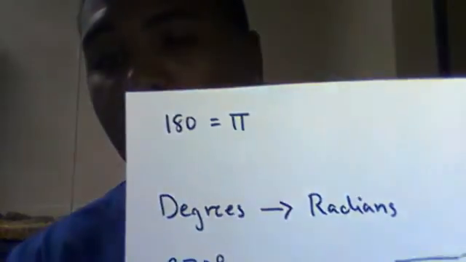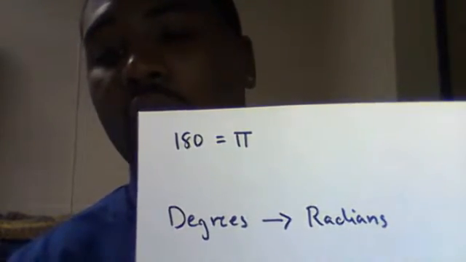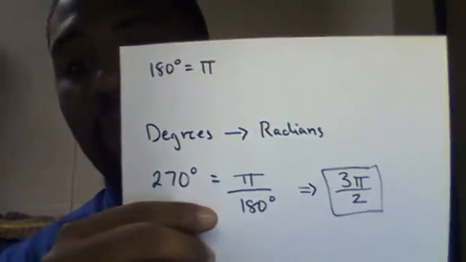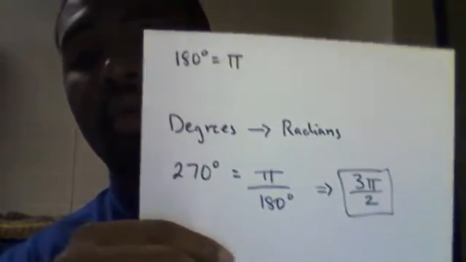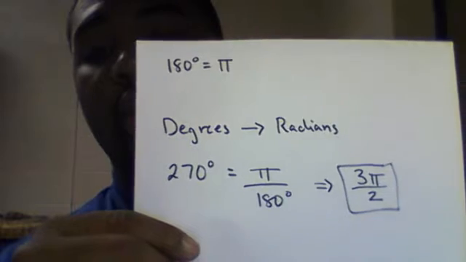Alright, so for starters, the first thing we learn is that 180 degrees equals pi. Let me fix that. It's always good to have your notation so you know what you're talking about. Alright, so 180 degrees equals pi. The first thing we're going to do is go from degrees to radians.